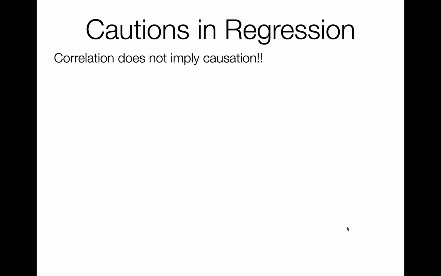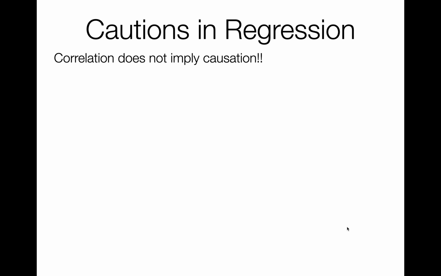All right. And then the last one is a very important point that you'll see a lot in real life. And it is the broad statement that correlation does not imply causation. Okay?